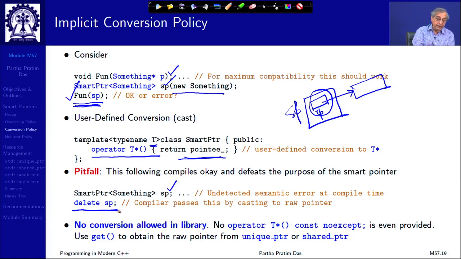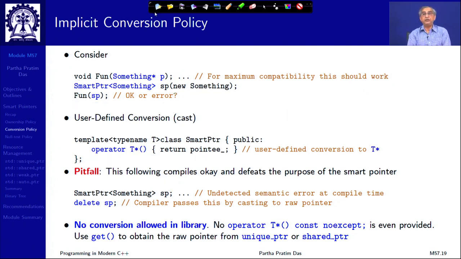So, delete SP should have given me a compilation error, but it will not. It will compile fine because the compiler finds that SP is of type smart pointer, which has a conversion to the raw pointer. So, it will do the conversion, get the raw pointer and delete that. Something which is semantically wrong and the compiler should have given an error does not give an error, right. So, the implicit conversion is not a good idea.